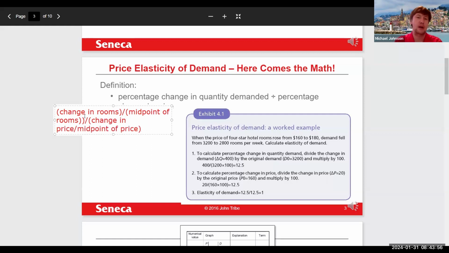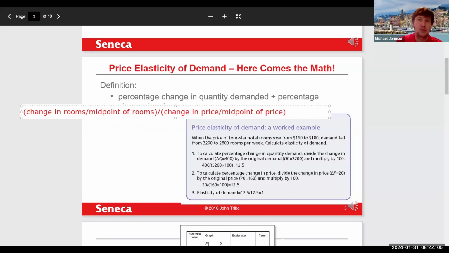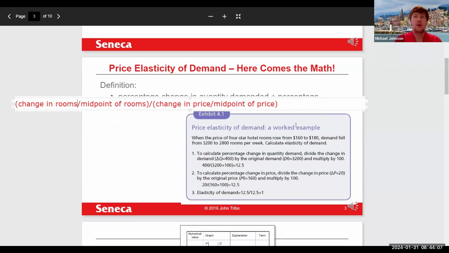That's the best way to calculate it here. I'll show you. This is how to get price elasticity of demand.